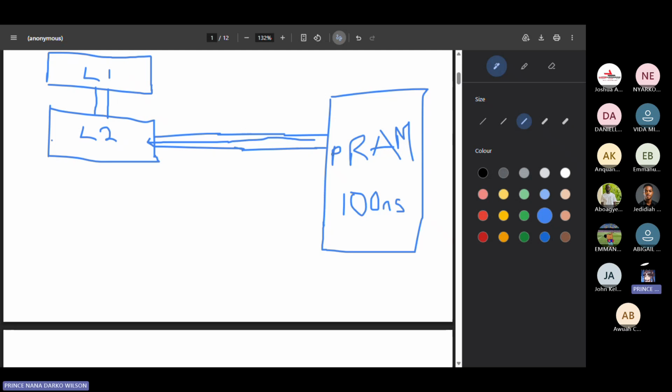Once data gets to level 2, let's say the time that it takes for level 2 to give data to level 1 is something like 35 nanoseconds. What will this mean? It will mean that in order for level 1 to get data from level 2, it will also have to spend 35 nanoseconds.